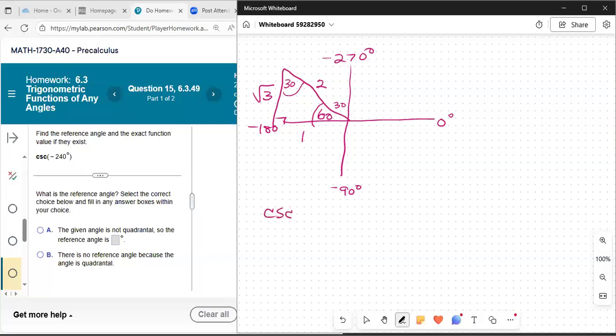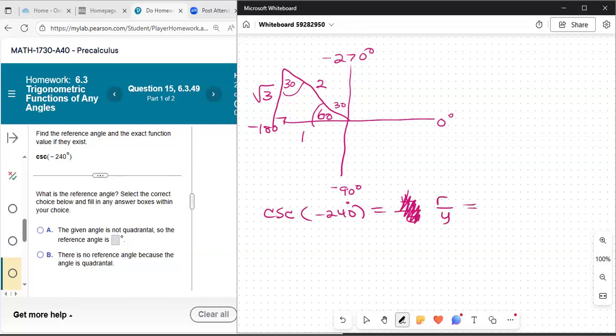So the cosecant of negative 240, the cosecant is the hypotenuse over opposite, because it's the reciprocal of sine, or we could say r over y in this case.